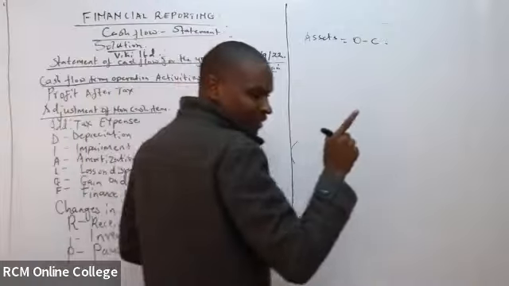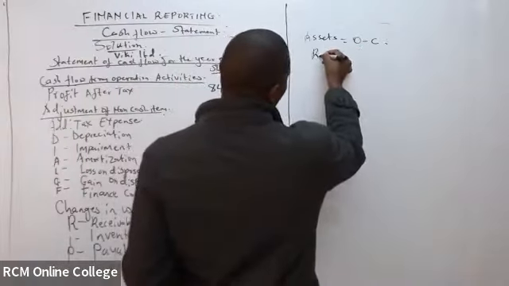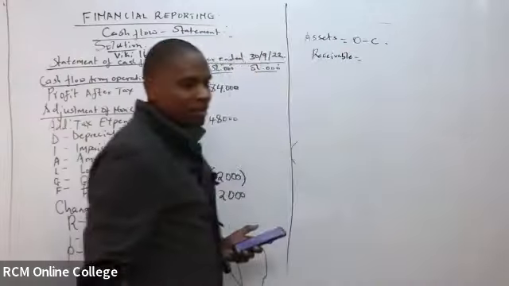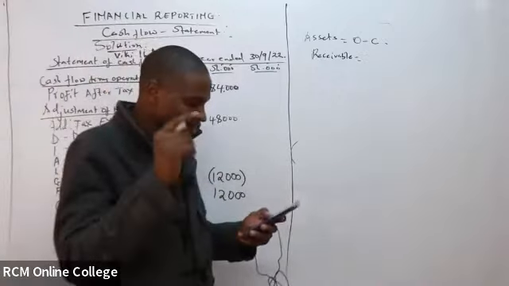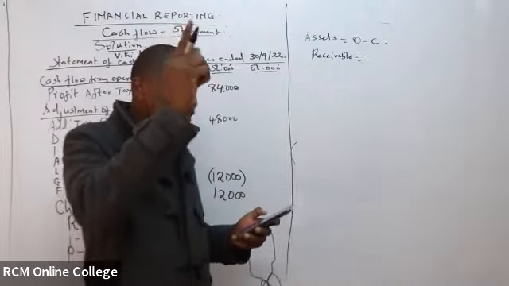Fedha says it is an increase. Okay, let's see. I'm at receivable. What is the value at the opening? Here many people will struggle. Opening is year 2021.